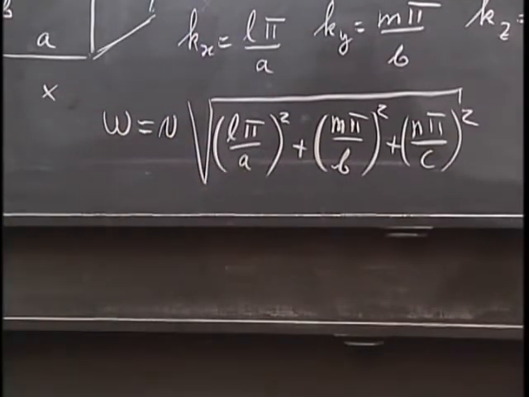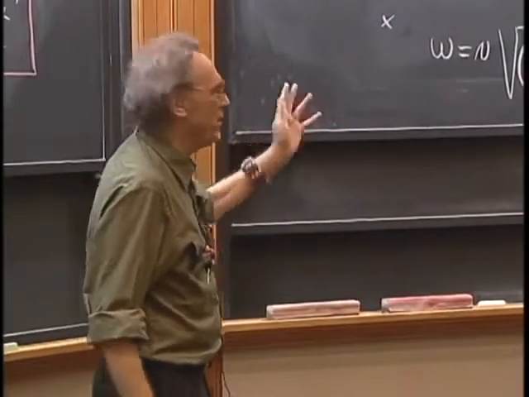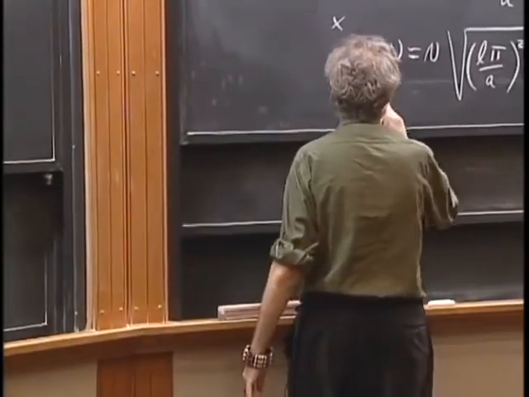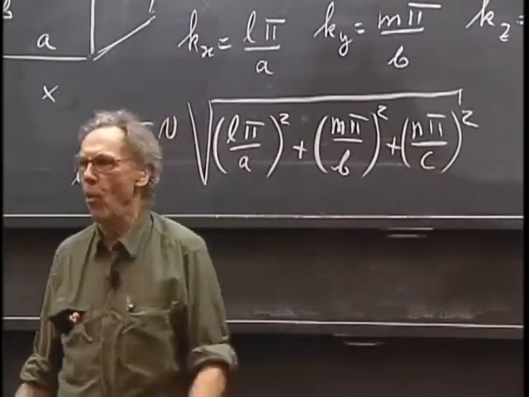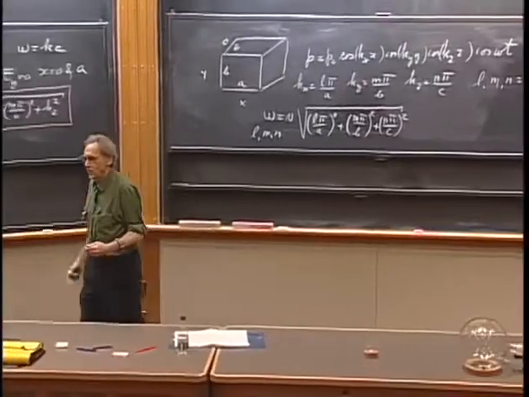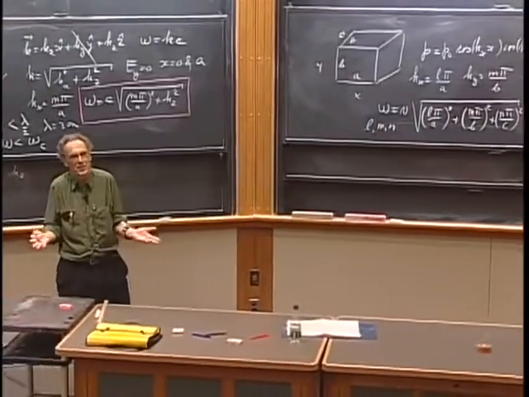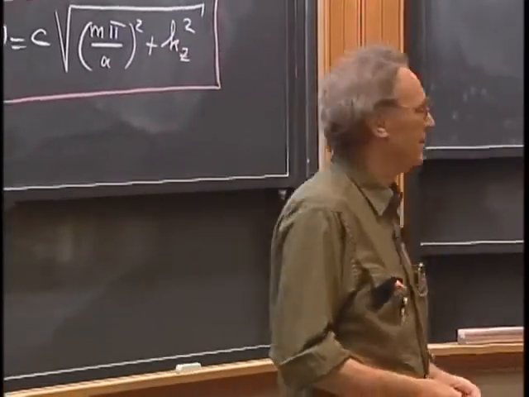Omega has then unique values. Now we are dealing with resonance frequencies. Completely different from there. There were no resonances there. These are the unique discrete resonances, l, m, and n. And now you can see why you cannot make them all 3 0. Well, because then you have omega equals 0, and that's not a very interesting thing.